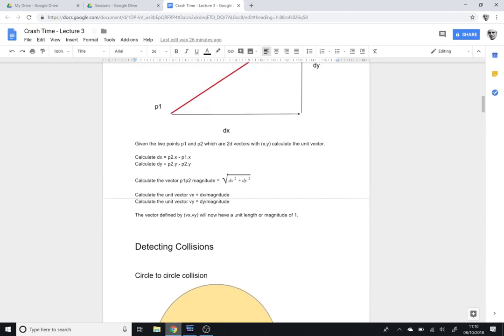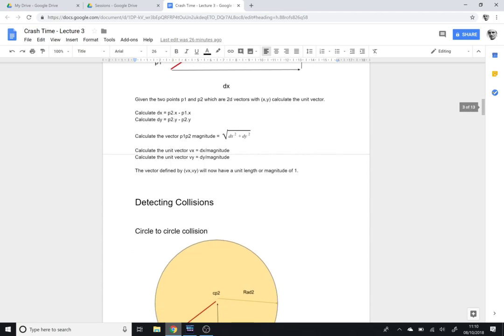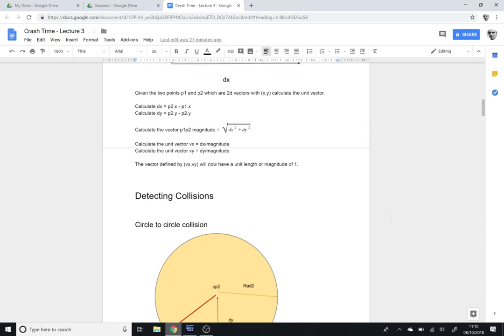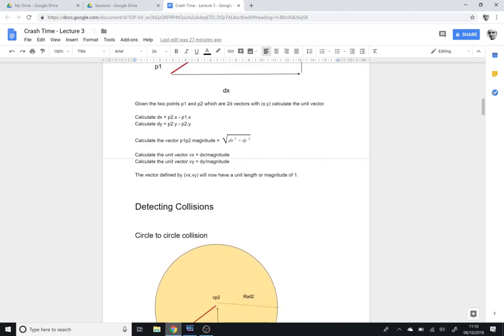First of all, we calculate dx, then we calculate dy, then we calculate the magnitude of the vector. Then we divide our dx and dy by the magnitude of the vector. That gives us the unit vector. We need the unit vector to do a lot of maths, so it's important you know how to calculate it. Anyone got any questions for me on the unit vector?